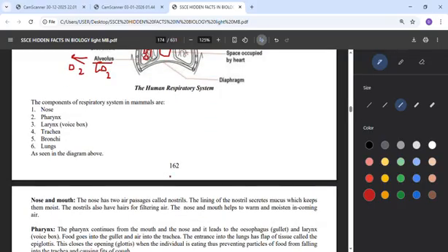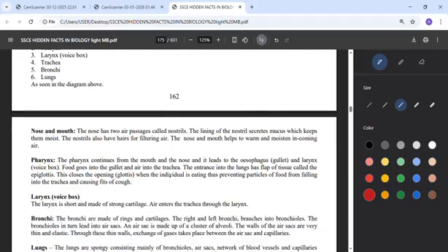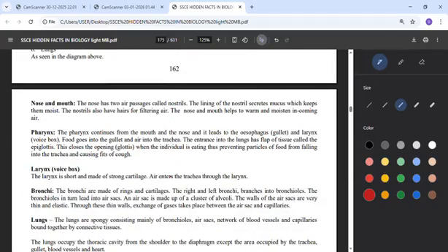Now we have mentioned the different parts of the respiratory system. We mentioned the nose and mouth. The nose, we should take note, has two air passages, which we call nostrils, where air will be passed, and there is a lining inside the nostril that can secrete mucus, which can come out from the nose.